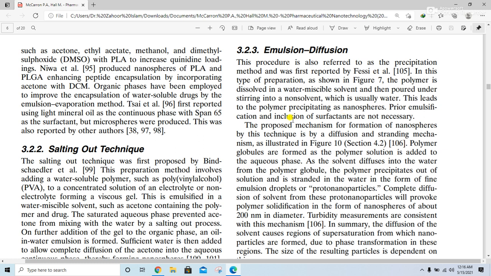Prior emulsification and inclusion of surfactants are not necessary. The proposed mechanism for the formation of nanospheres by this technique, the diffusion and stranding mechanism, is illustrated in figure 10.